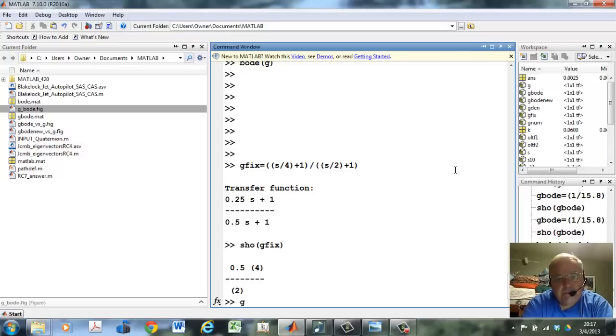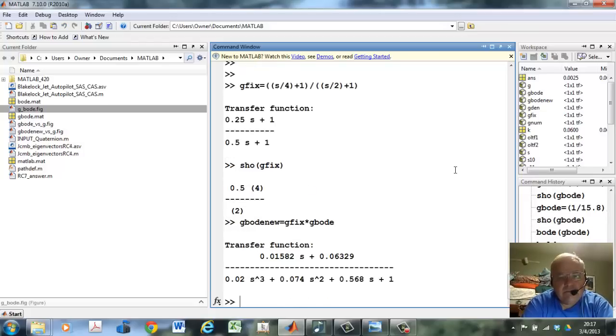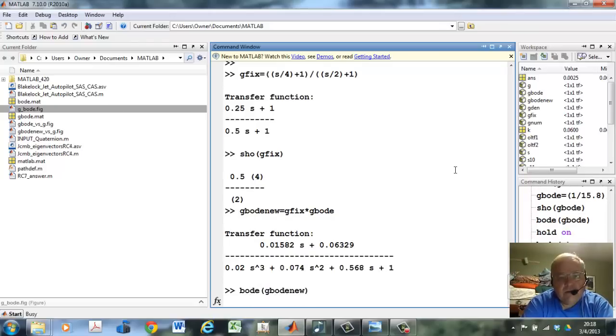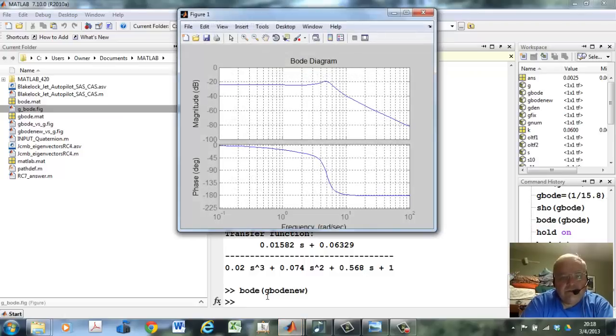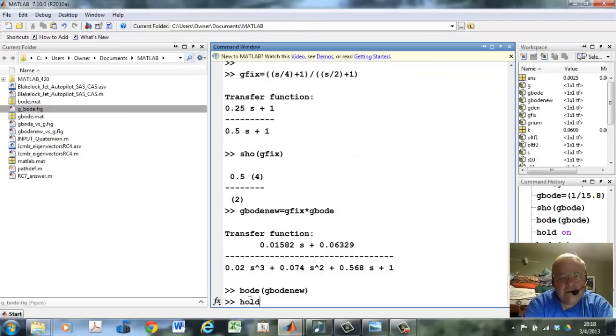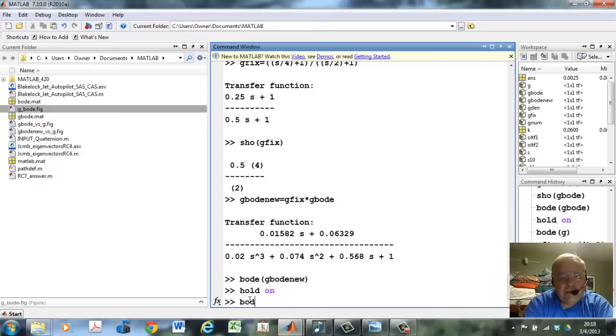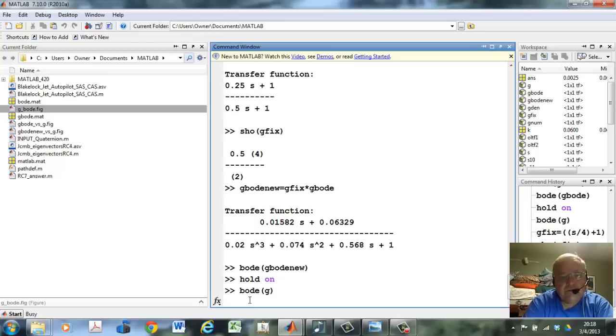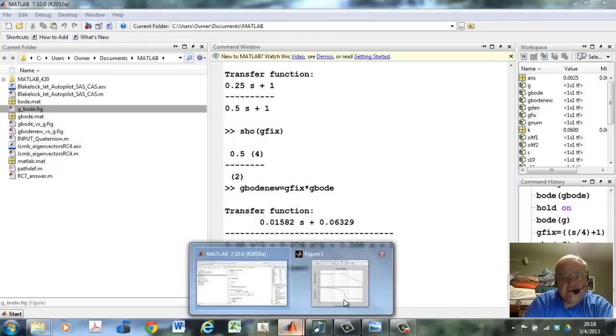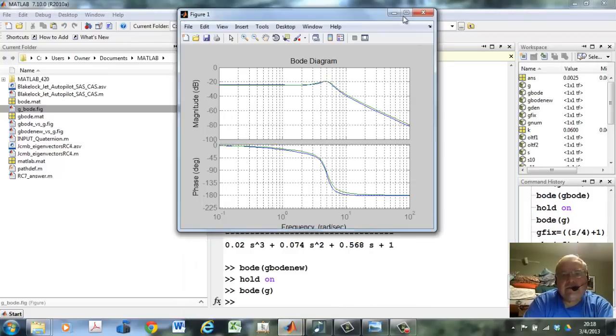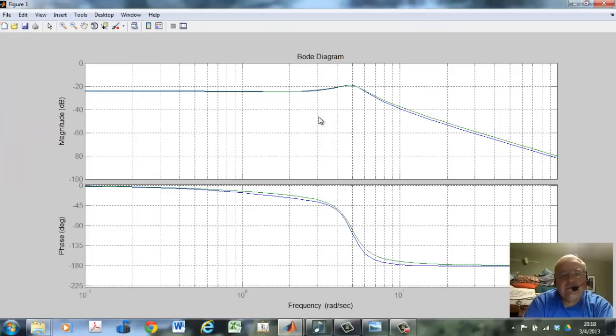So we'll say that G Bode new equals G fix times G Bode, like so, and then we'll Bode plot that, G Bode new, and there's G Bode new, and then we'll put hold on again, and then we'll Bode plot the original transfer function from experimental data, and I see now that I've got a pretty good fit.